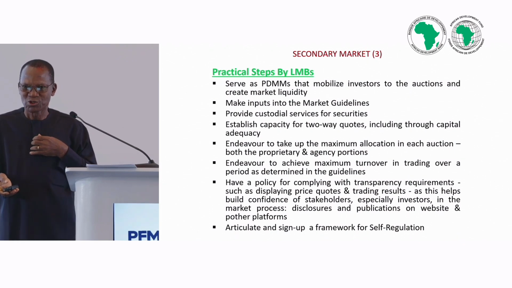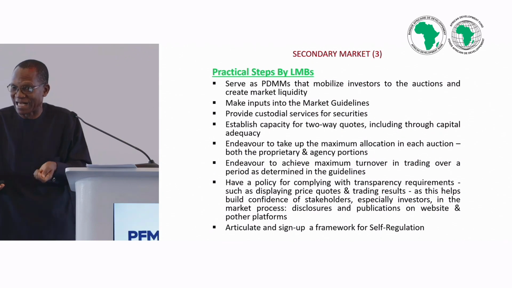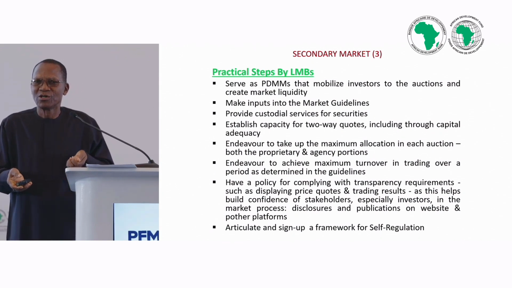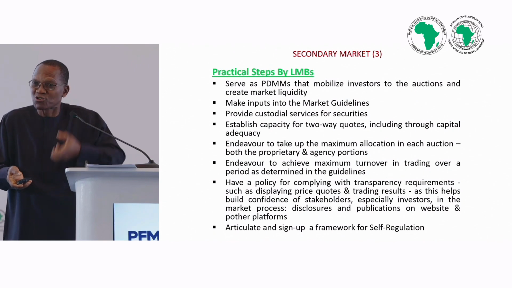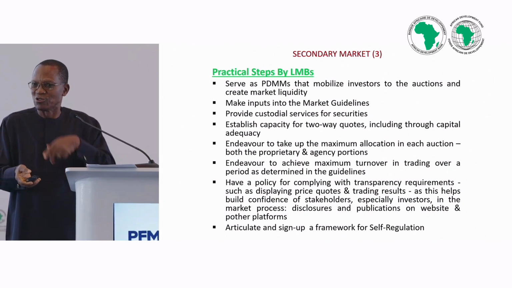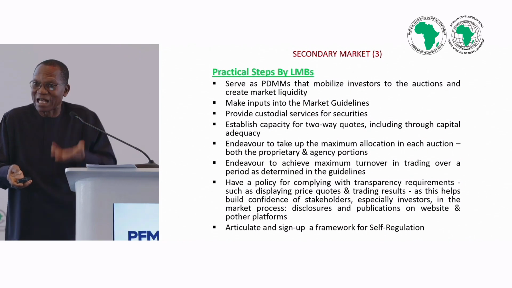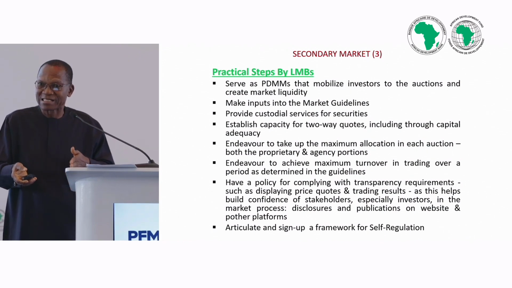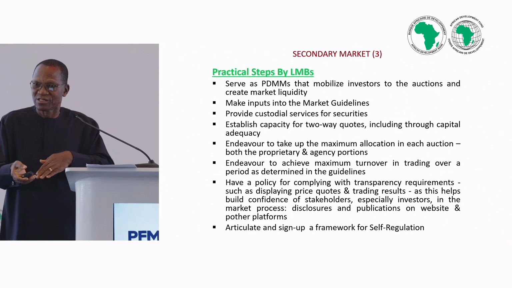Okay? So it is to the benefit of every primary dealer market maker to fill as much of your quota as possible. It's not that anytime you don't fill it, you will be told to go. No. But it's to your advantage to do the maximum as against having a shortfall.